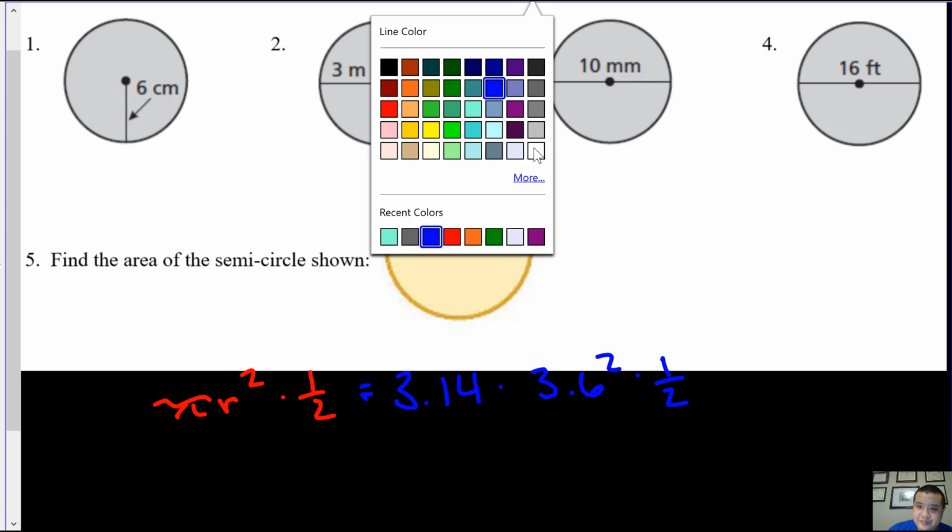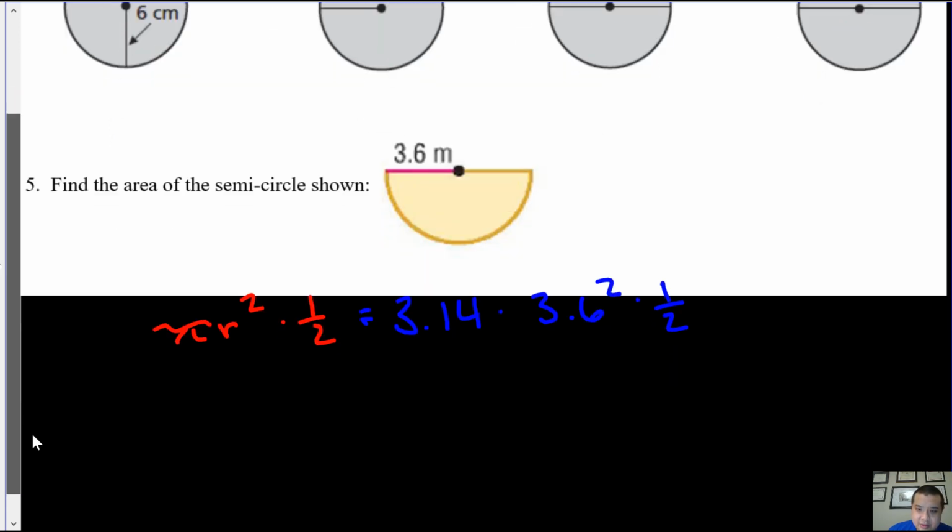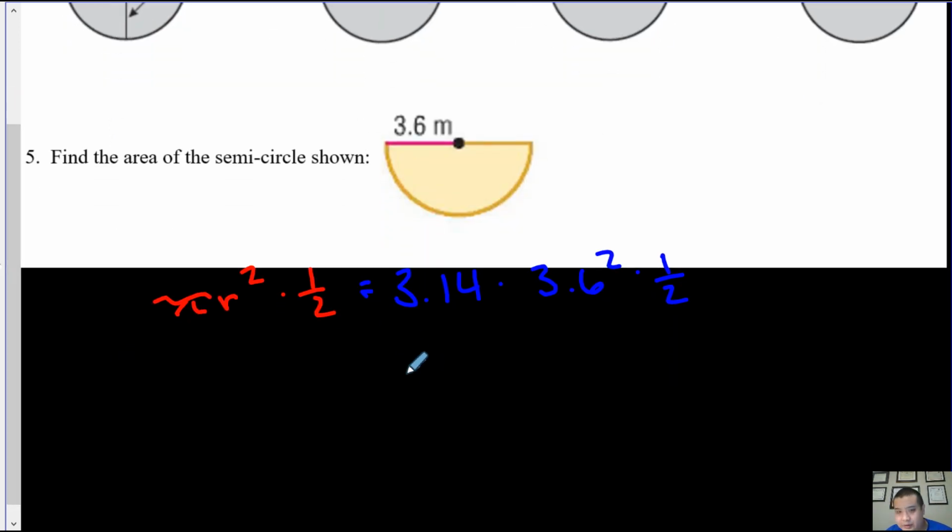This gets us a total of 20.3472 meters squared. Be sure to be using units because these are word problems.